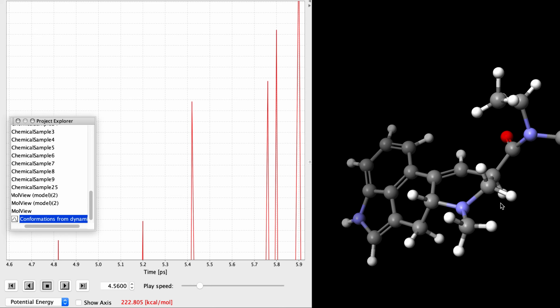My point is, any one of these conformers generated by molecular dynamics, you can save it, freeze the conformation, and determine with semi-empirical AM1 or PM3 the heat of formation for that conformer.